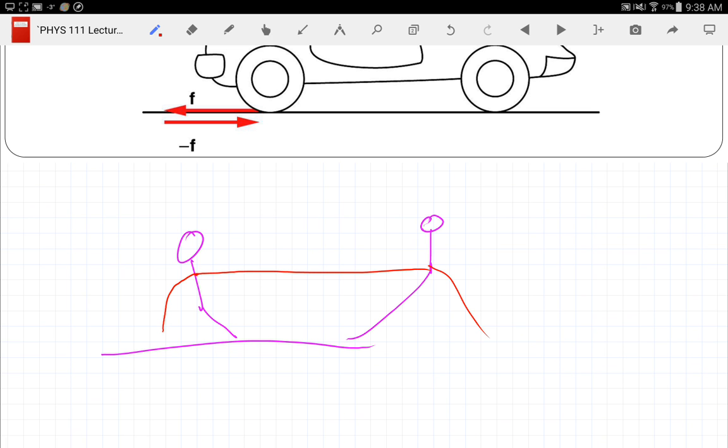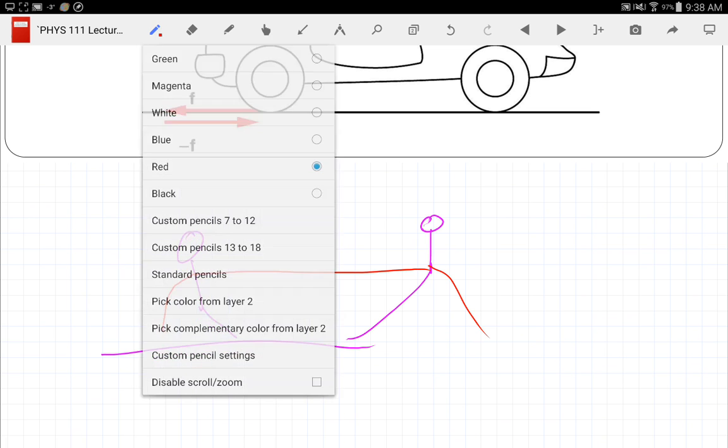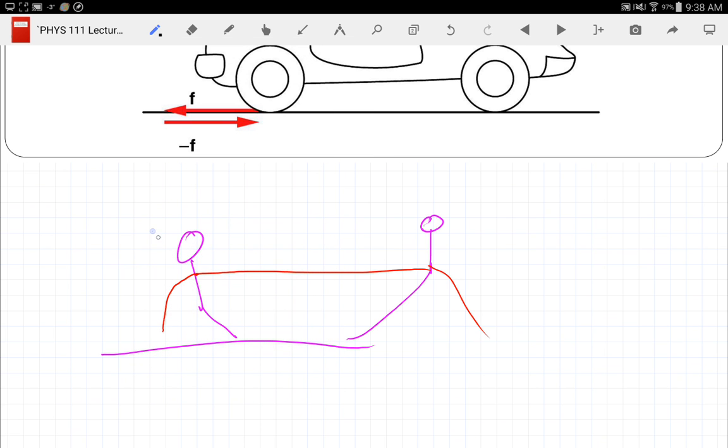You could choose your system to be this right here. If I choose that, what forces do I have in the horizontal direction? I have the rope. In what direction is the force that a rope applies? Going away.